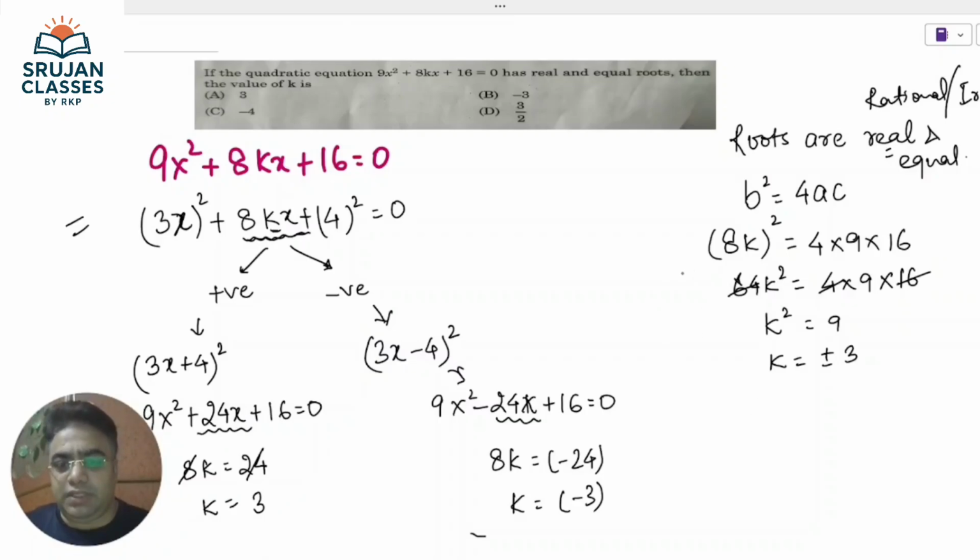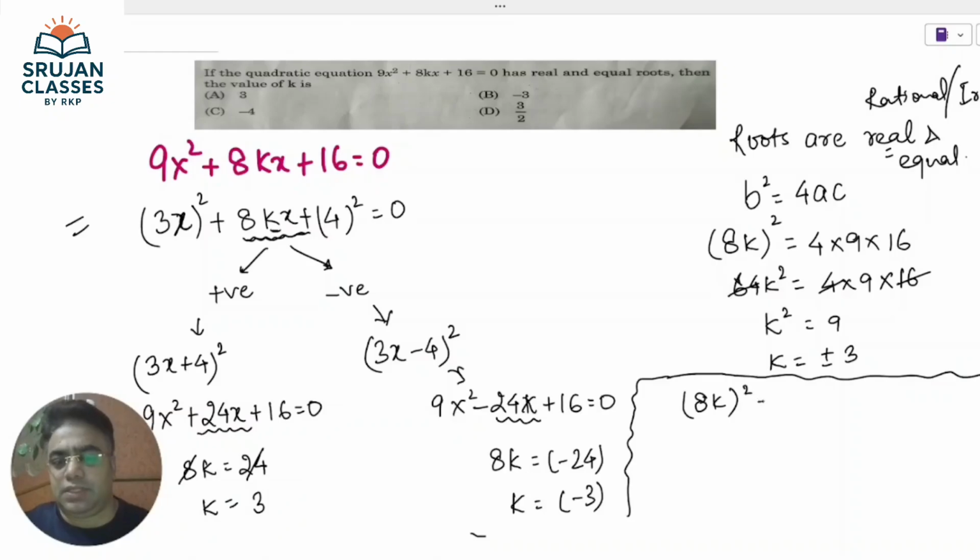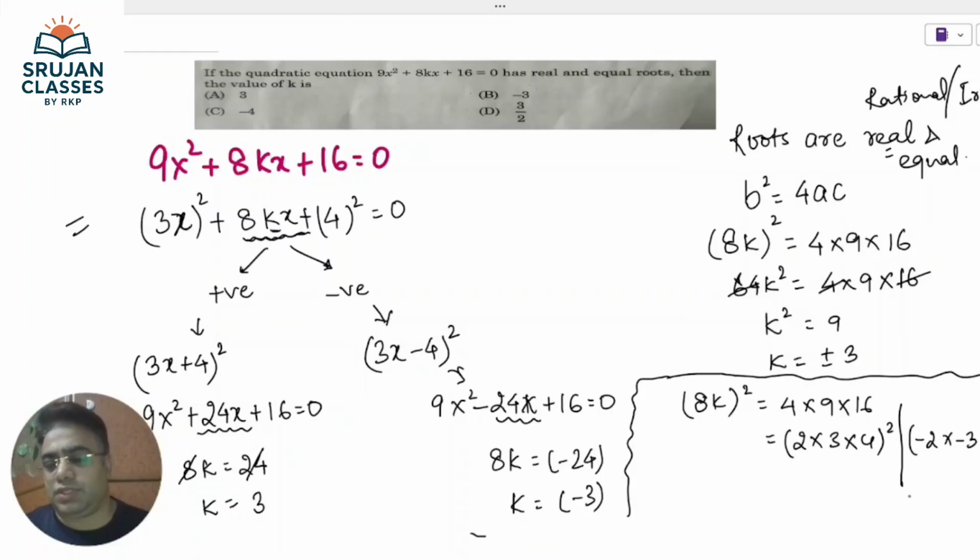Now, in this form, there is one more way of doing this. I am just visualizing things, right? So this 8k, if somebody says I will move like this, then 4 into 9 into 16 can be written as (2 into 3 into 4) whole square, or it can be written as (minus 2 into minus 3 into minus 4) whole square, right?